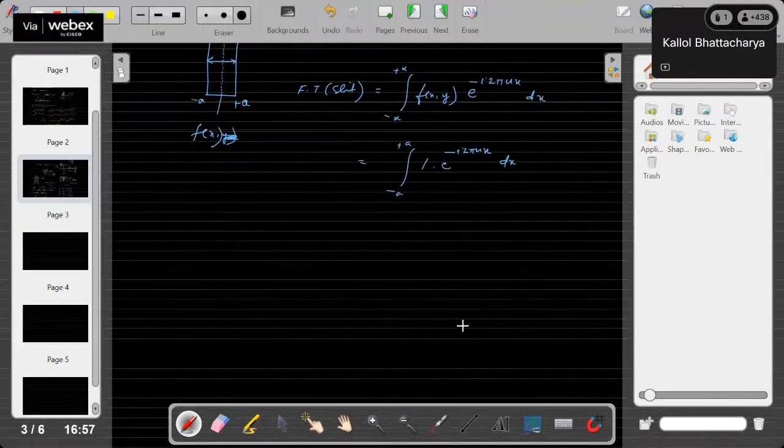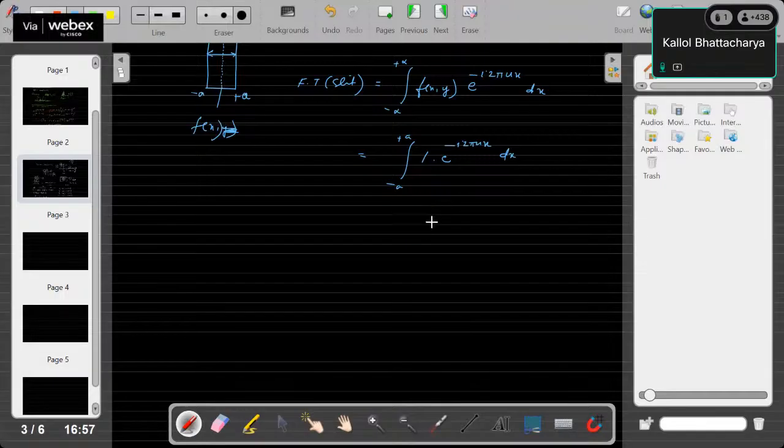Then if you carry out this integration, this would simply be e to the power minus i twice pi u a minus e to the power plus i twice pi u a, divided by minus i twice pi u. Now what is this?